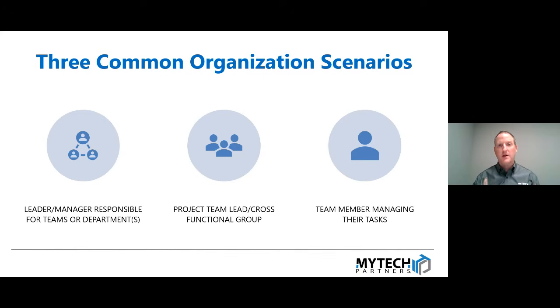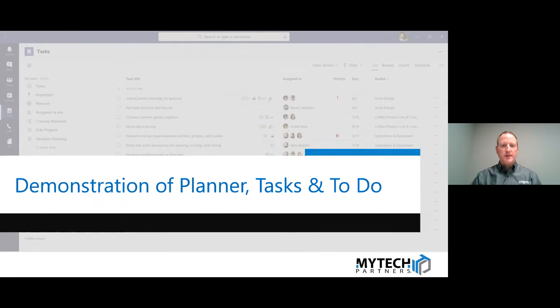So we're going to talk about how we can consolidate all of this in a way that across your organization can really help increase productivity and accountability, primarily because you're creating simple visibility and everyone is on the same page. So with that said, let's dig in to the demonstration.